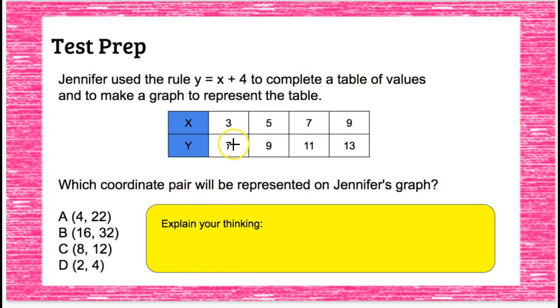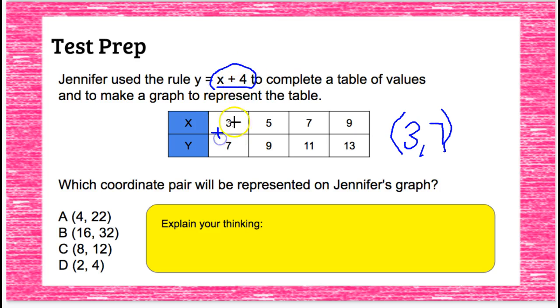I have 3, 7, which would look like 3, 7 if I was graphing it, over 3 up 7, 5, 9, 7, 11, 9, 13. So my numbers are getting larger, so I know that I either need to add or multiply. I'm going to start with adding. Oh, it tells me right here actually. Sorry. My rule is to add 4.